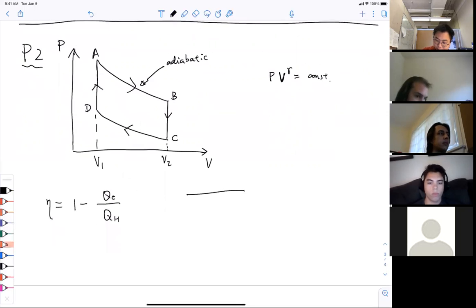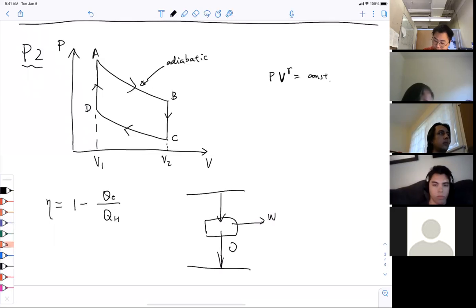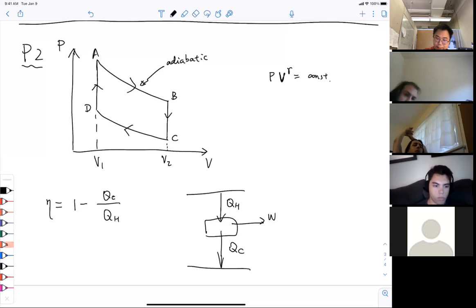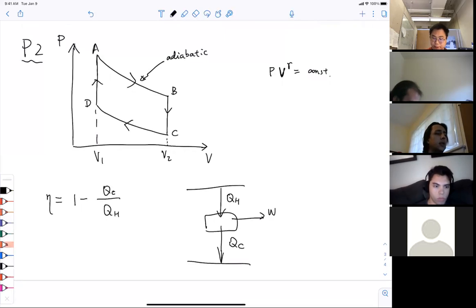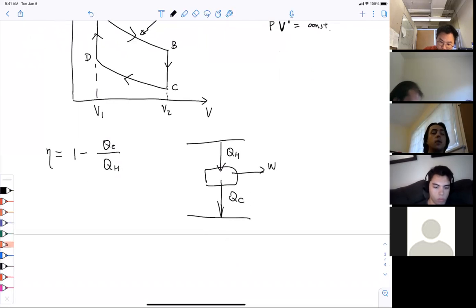QC is the heat the system released to the environment, and QH is the heat that is absorbed by the system from the environment. Since A to B and C to D are adiabatic, meaning there's no heat exchange, the heat exchange only happens in B to C and D to A. So let's focus on those two processes.